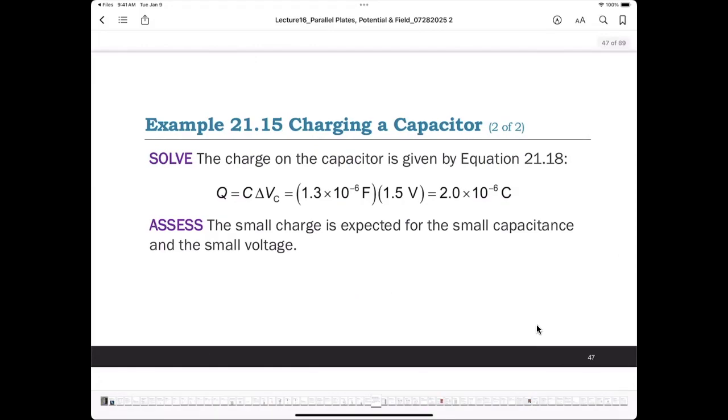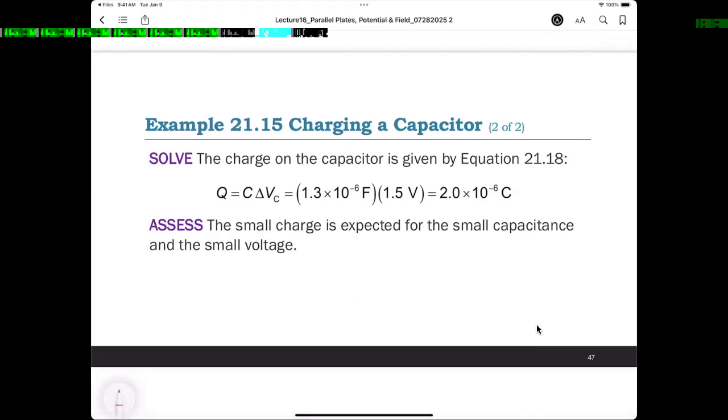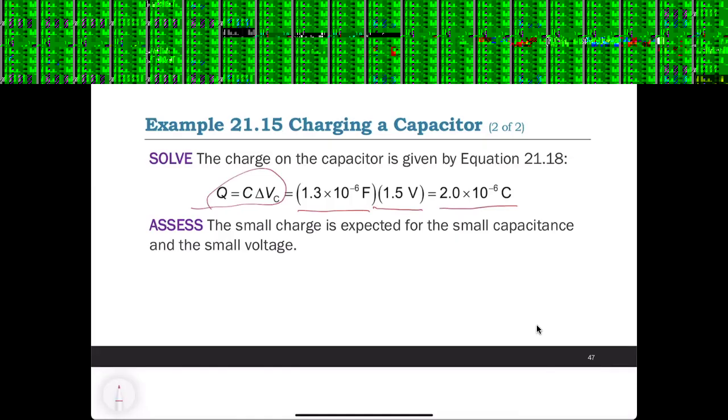Here we know C and we know the potential difference, so we can calculate the charge on the capacitor. You can see the charge on the capacitor is this one. The small charge is expected for small capacitors, because the capacitance is very small, so the charge is small with the small voltage. Does that make sense to you?